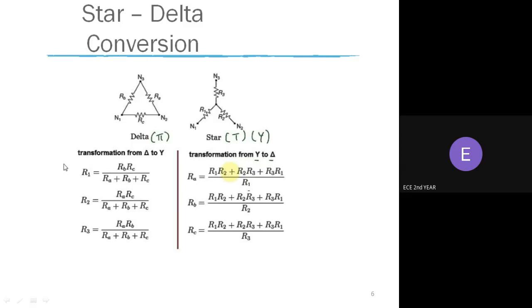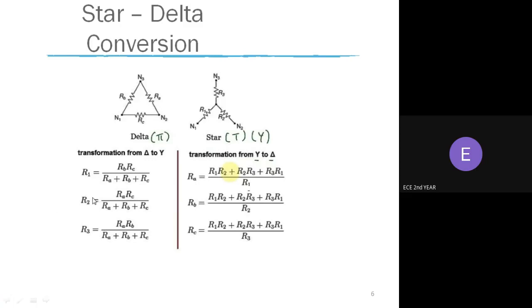R1 can be calculated with the formula: R1 is equal to the opposite resistances. Opposite of R1 are RB and RC. So R1 equals RB into RC divided by the total resistance RA plus RB plus RC.